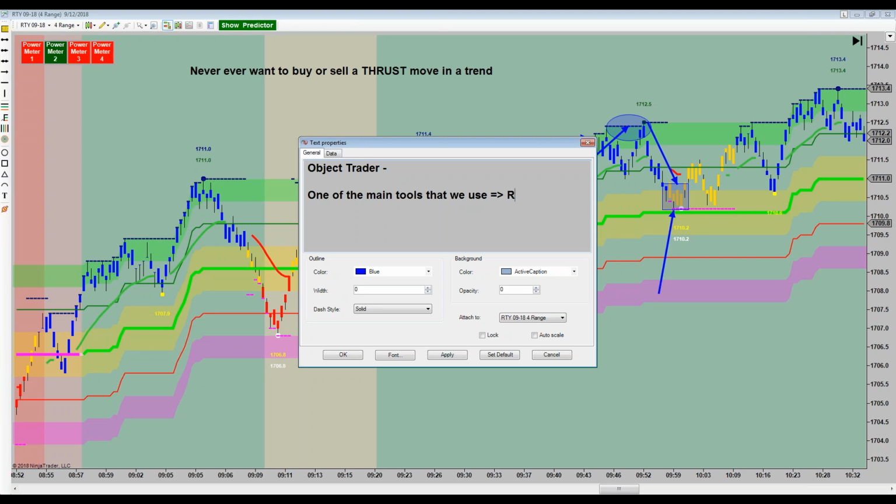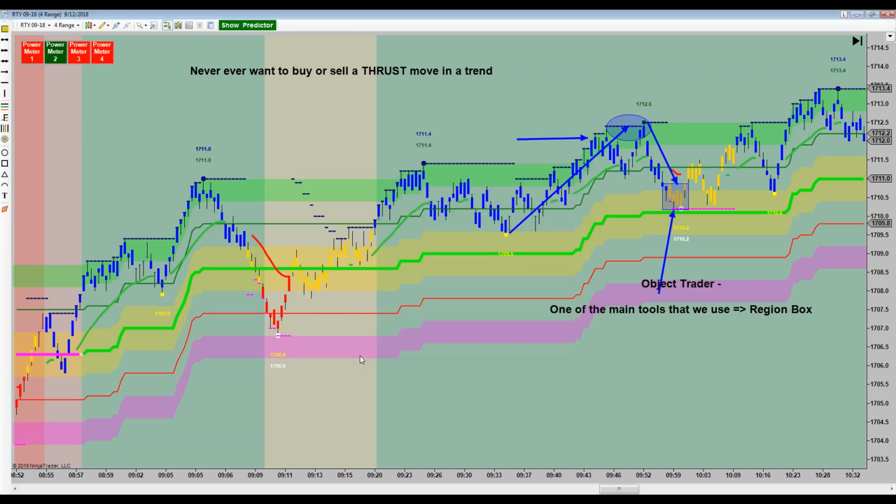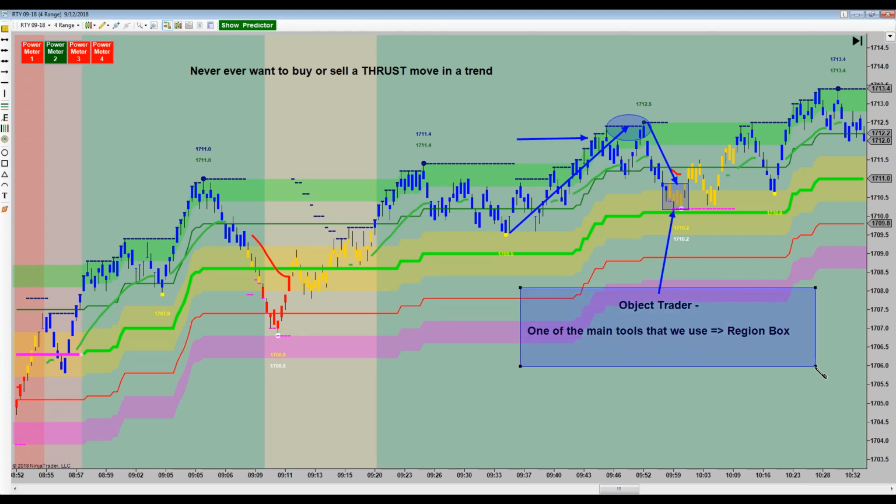So, for instance, when you see Gary in the room saying put a box there, or you hear me call it, he draws a box around wherever the market is at. What we're showing you is that if and when you come join the Viper team, you will get access to this tool called Object Trader.